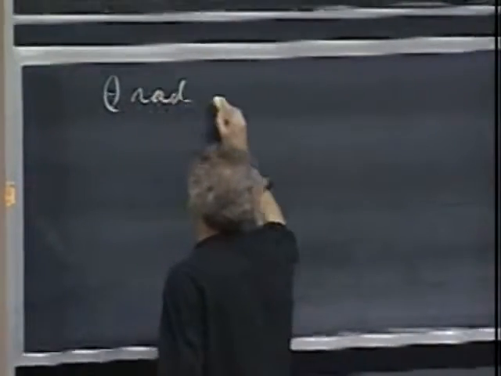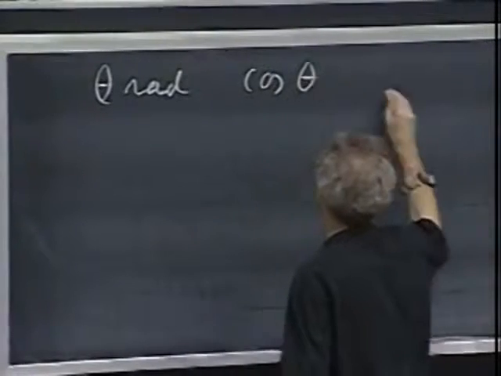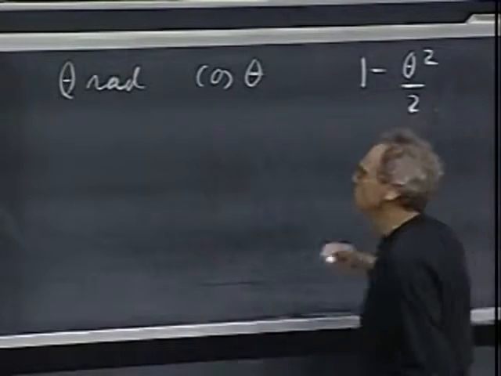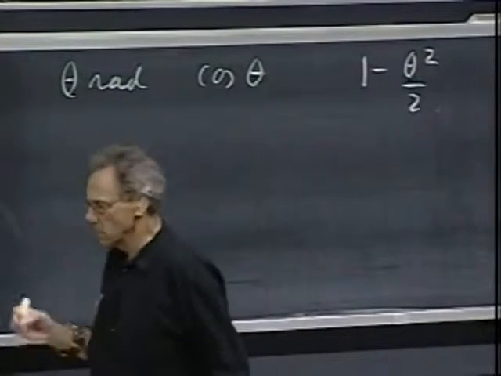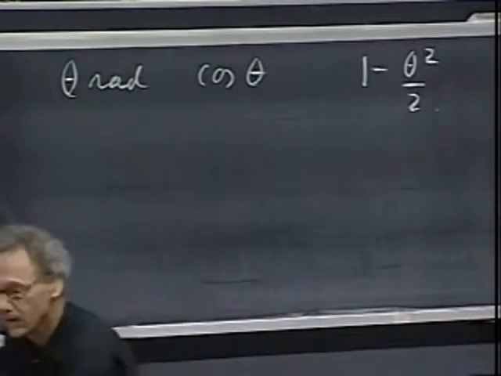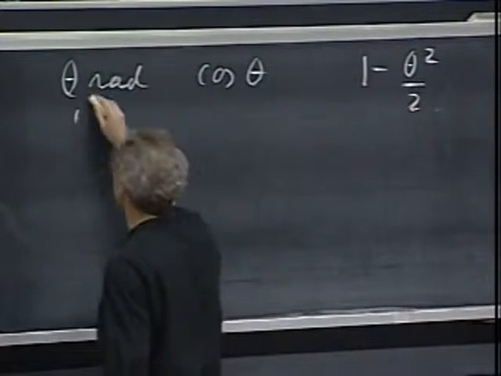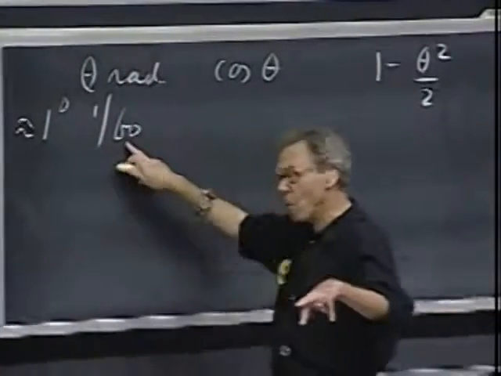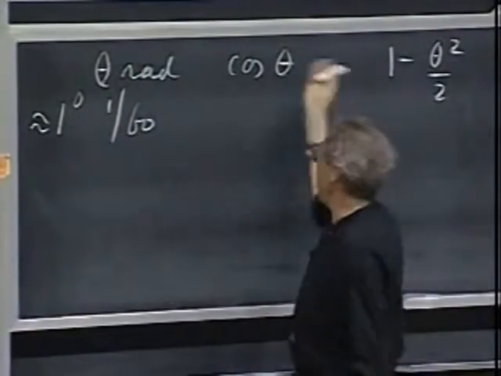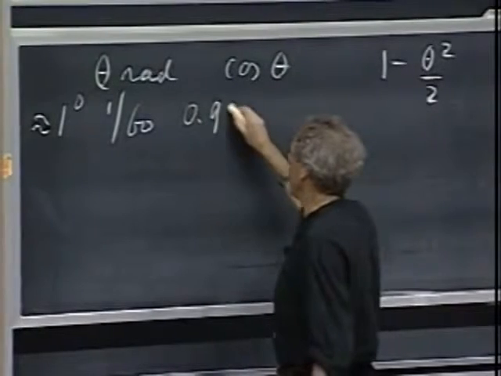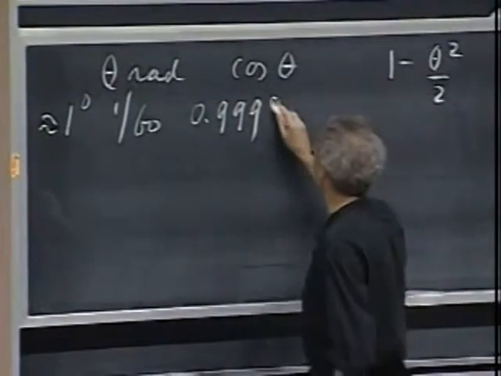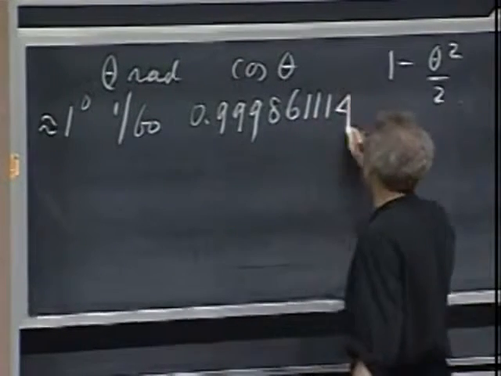If I give you here theta in radians, and here the cosine of theta, and here 1 minus theta squared over 2, then if I take 1/60th of a radian, since this is approximately 1 degree, but I pick exactly 1/60th, and I ask what the cosine is, that is 0.999861114.